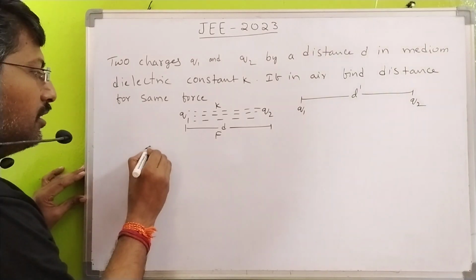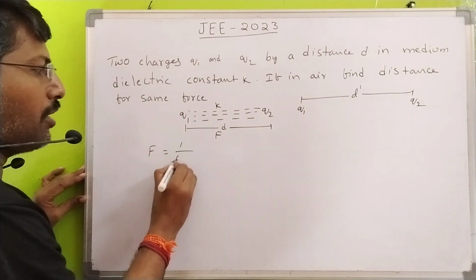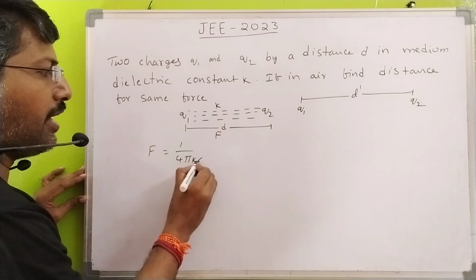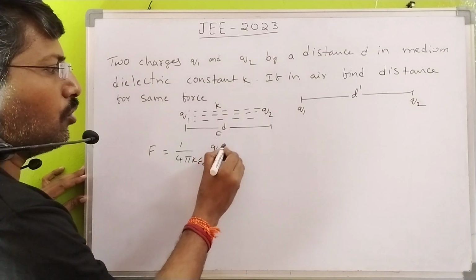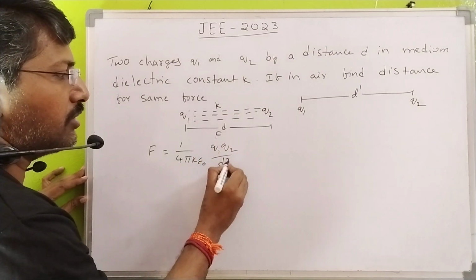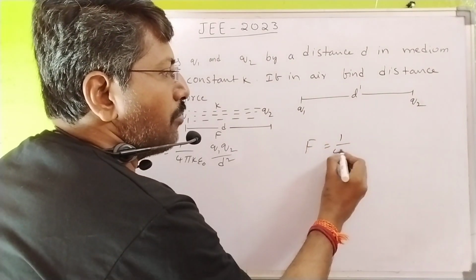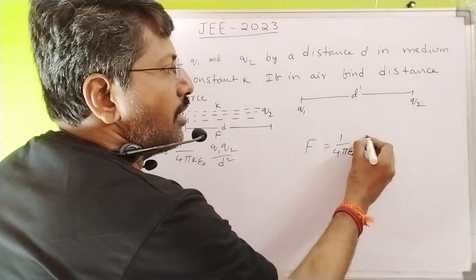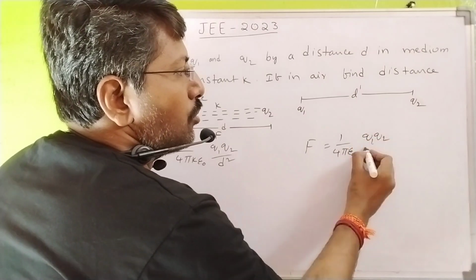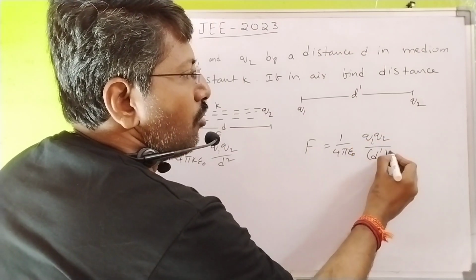So F is equal to 1 by 4 pi K epsilon naught Q1 Q2 by D square. Here the same force but in air, 1 by 4 pi epsilon naught Q1 Q2 by D dash whole square.